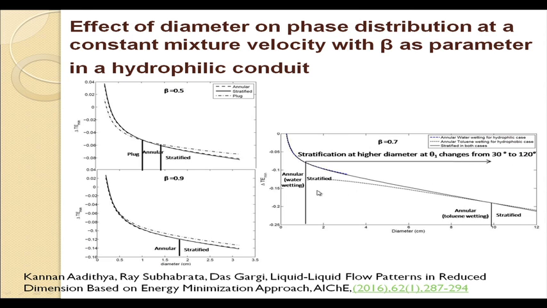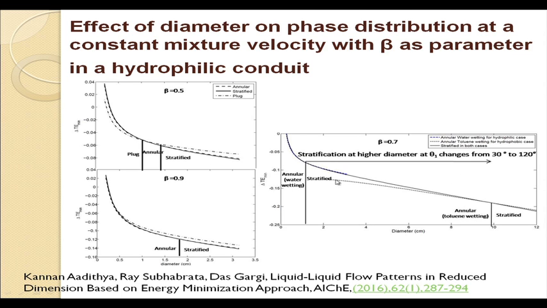In this particular case, we find that when it became hydrophobic, the tendency of forming a stable water film decreased, and therefore, if you observe properly, we find that the annular flow with toluene wetting is the most stable as compared to the annular flow with water wetting case.